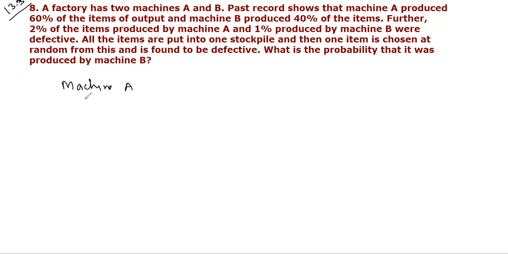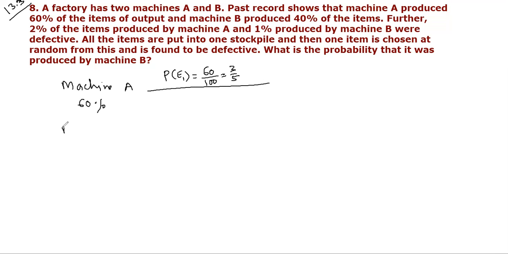So machine A is having 60% output. Therefore, probability of production of machine A is 60%, that is 60 upon 100, that is equal to 3 by 5.